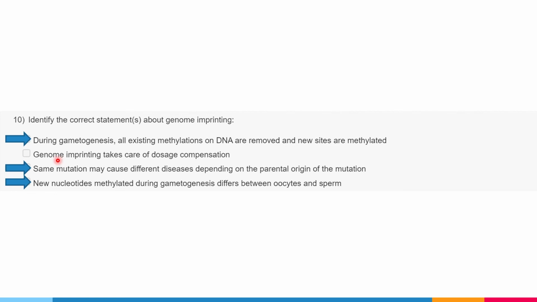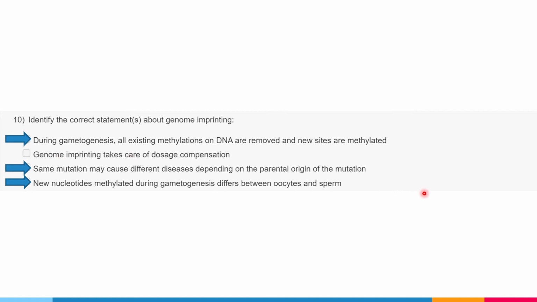The most important is X inactivation, in which one X chromosome is randomly inactivated in the female, so that only one chromosome is transcribed and expressed, and the other is completely transcriptionally silent. That is what dosage compensation means. It is not very related to genome imprinting.